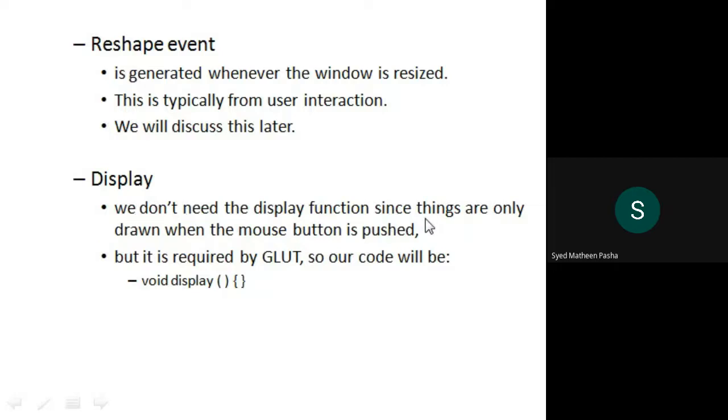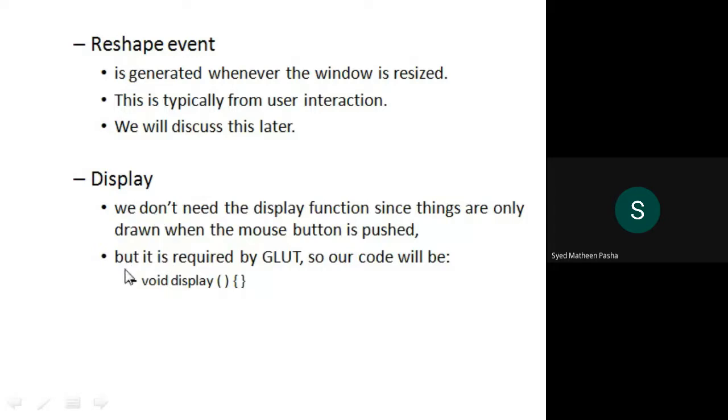Function, since things are only drawn when the mouse button is pushed. In the previous example, we need not define a display function separately, as we are defining a mouse function. When is that mouse function coming into consideration? Whenever you are pushing some buttons or there is some action happening with respect to the mouse. In that case, the display function comes into consideration.